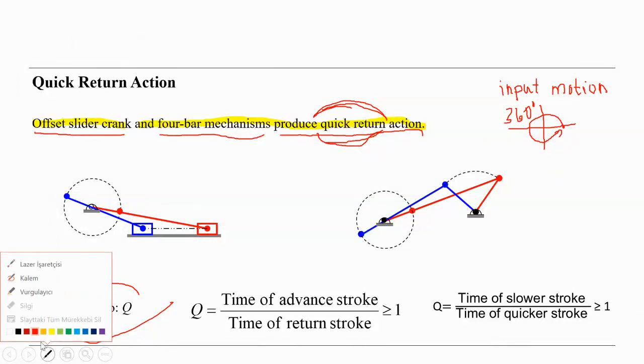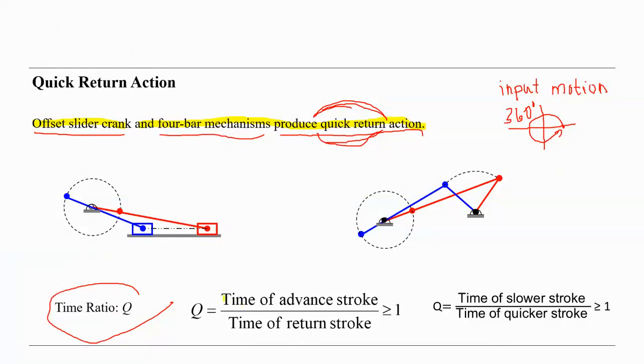How can we define the Q? Q is defined as time of the advanced stroke over time of the return stroke. That means time of slower stroke over time of quick stroke.